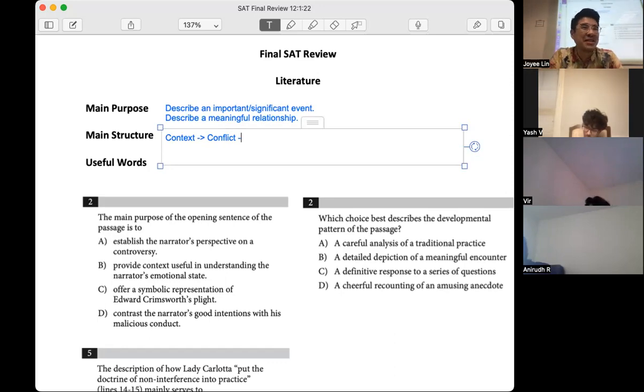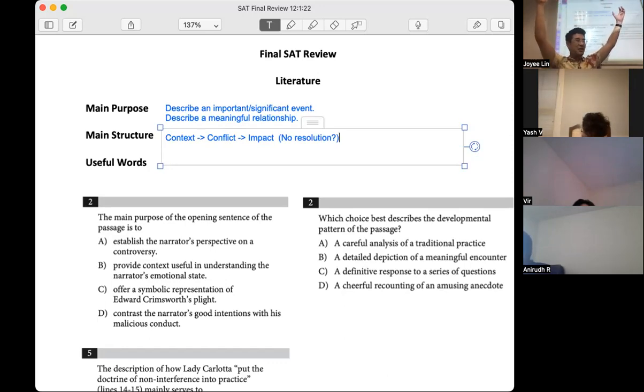It usually just cuts off, with the impact but no resolution. It's like they fought, and then what's going to happen next? I don't know. Then she ran out of the room, and it ends there. So typically no resolution. Remember that these are usually taken from a bigger book, and that's why there's no resolution. It's literally a slice of life. They literally sliced out page 30 or something like that.